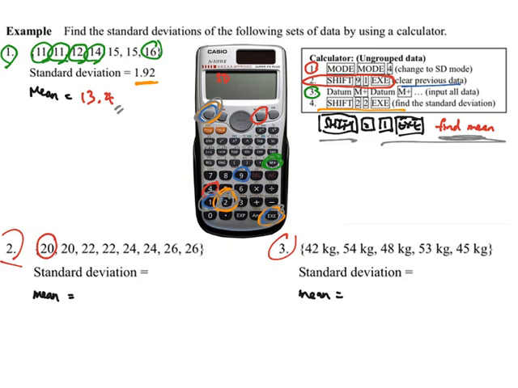So let's check the answer. 20, the first one, and then n plus, 20 n plus, 22 n plus, until 26 n plus. Then you press shift 2 and exe. Then you can find the SD is 2.24. And for the mean, shift 2 1 exe. Then you can get 23.